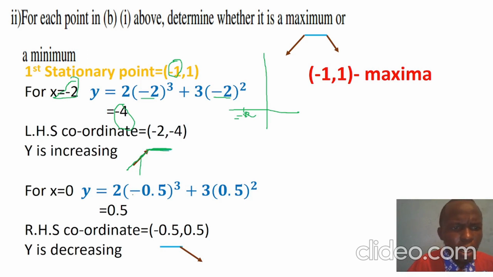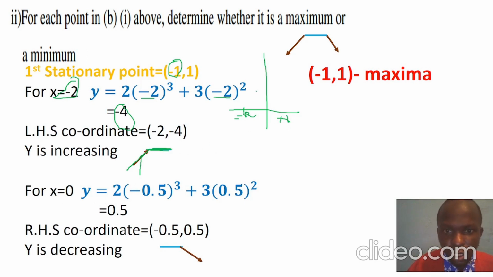Then when you go to the right hand side, compare with the value of y, the right hand side, that is the positives, you realize that we say the value of x be 0.